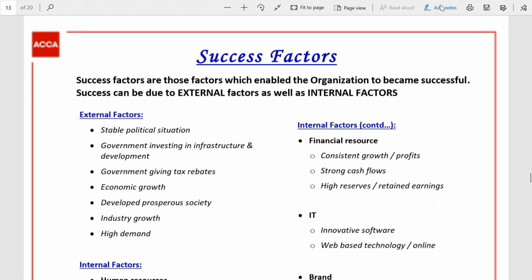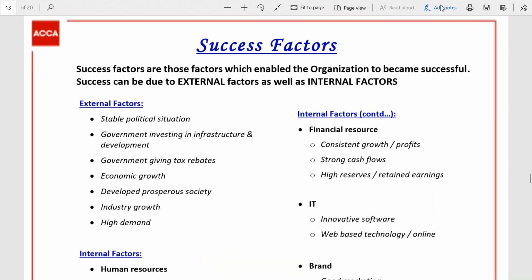Today's topic is success factors. Please try to guess the meaning of success factors. Success factors means factors of success. Just develop this habit of guessing.